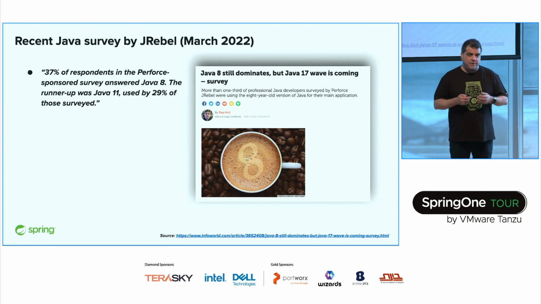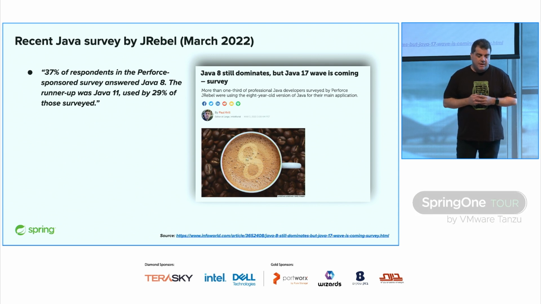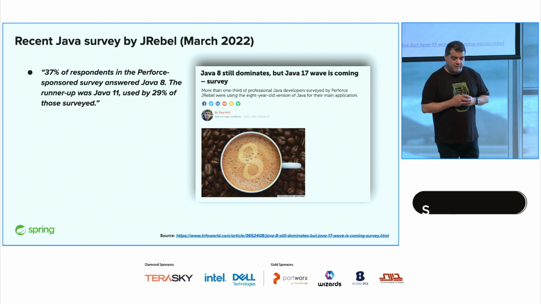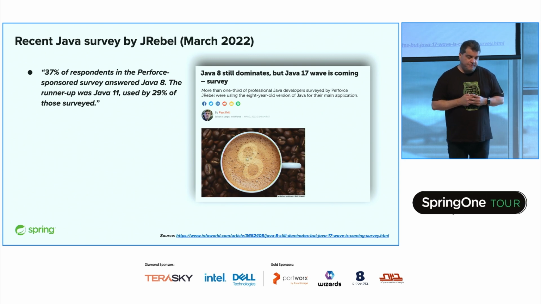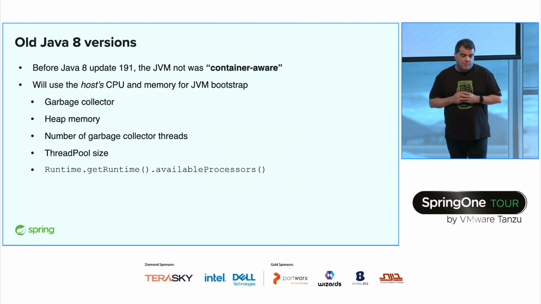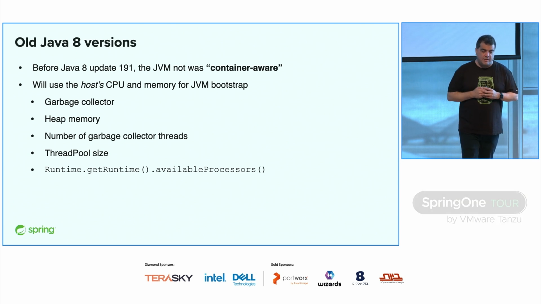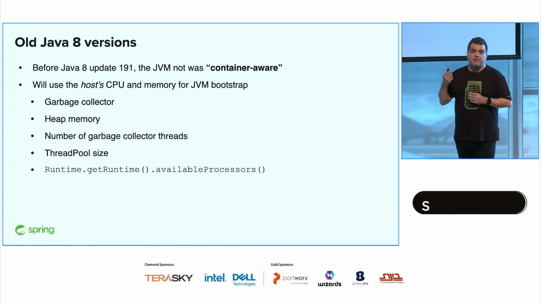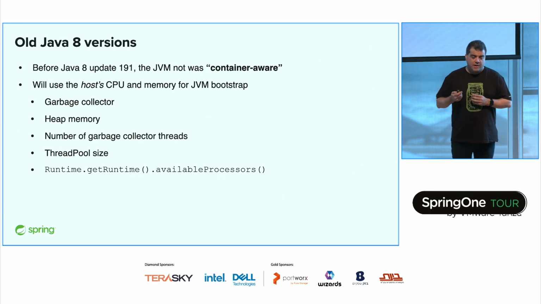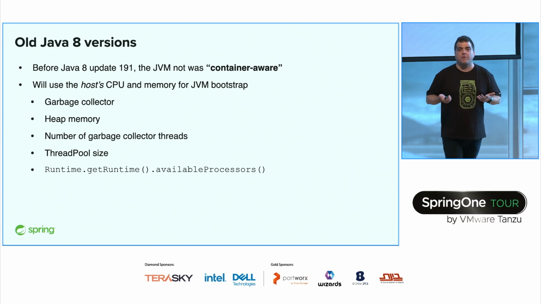So definitely we want to think, how do we run these more legacy Java versions on Kubernetes? And the number one thing that you need to take into consideration if you're still running Java 8 is that only since update 121 and later is the JVM actually container aware.